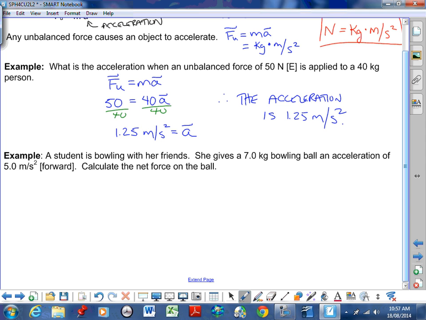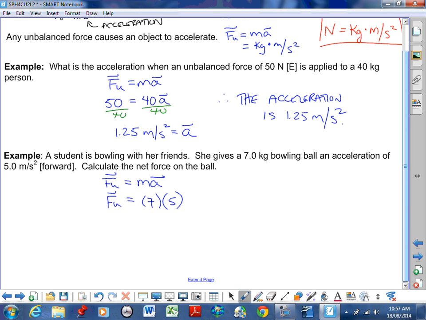Second example, a student is bowling with her friends. She gives a 7 kilogram ball an acceleration of 5 meters per second squared. So she really flung that thing. What's the net force on the ball? So how hard did she throw that ball? So F unbalanced equals ma. We're looking for unbalanced force, so it's our unknown. We know the mass of the bowling ball was 7.